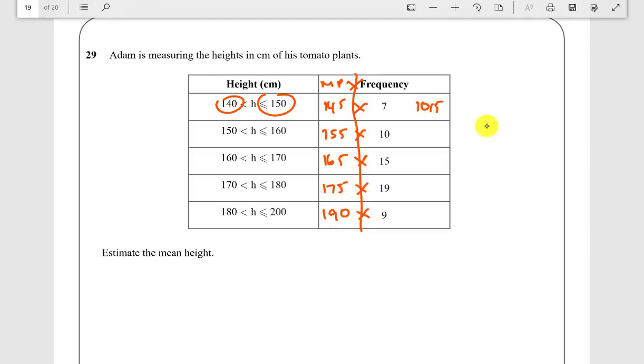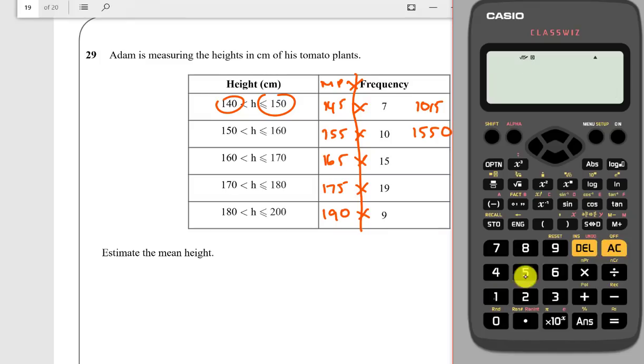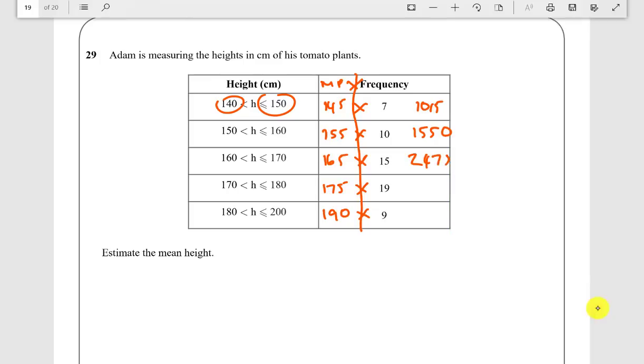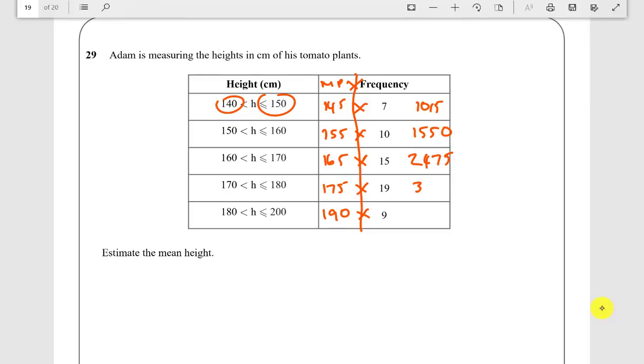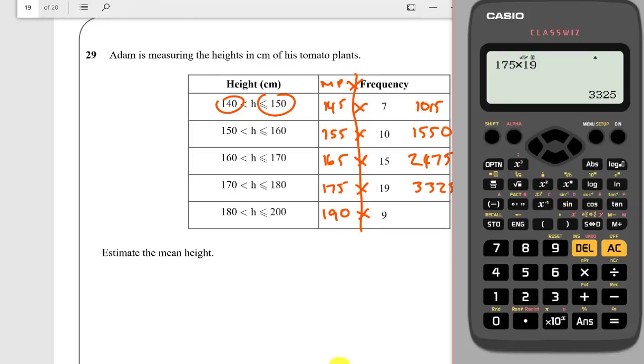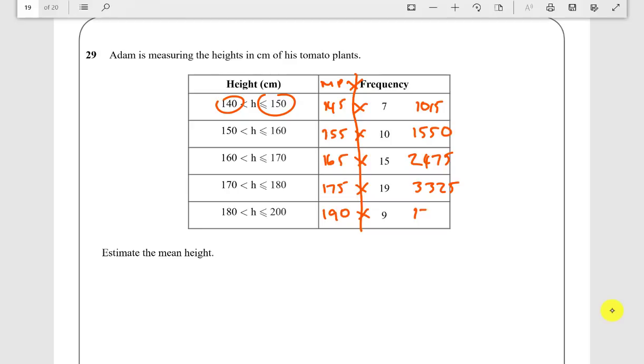And this is 1550, and then 15 times 165, 2475, and then 175 times 19 gives us 3,325, and then the last one, 190 times 9, is 1,710.